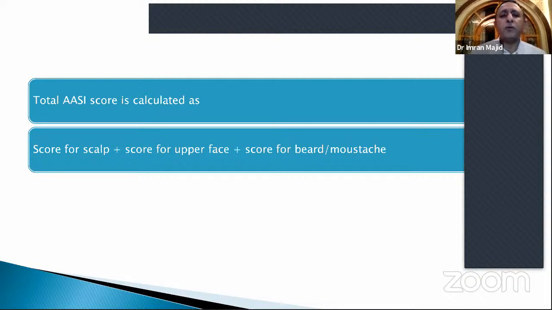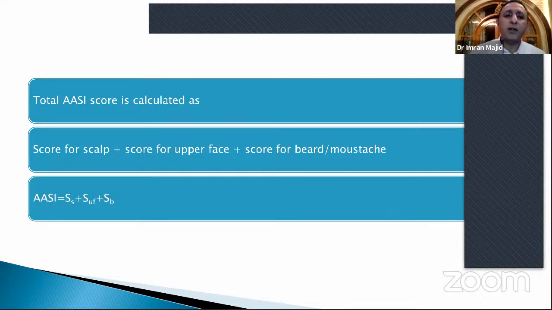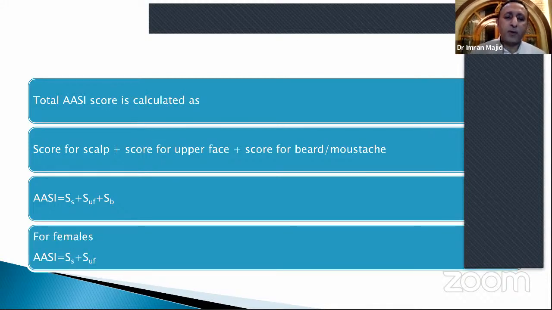Then we add the scores for scalp, upper face, and beard and mustache, and that gives the total AASI, the Alopecia Areata Severity Index. So this is the score for scalp, the score for upper face, and the score for beard. For females, the score for scalp and the score for upper face are added.